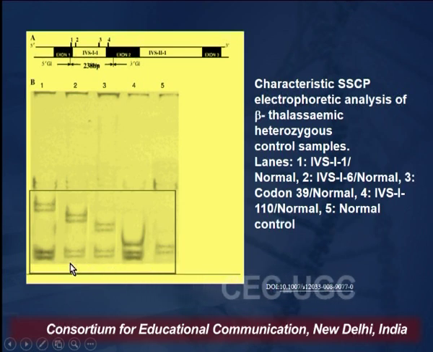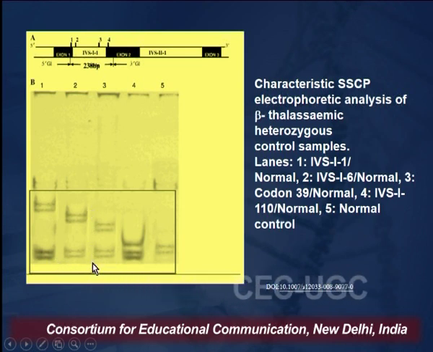So, all these are carriers, all these are heterozygous because they are having one normal allele as well. And in lanes 1, 2, 3 and 4, you can see that there are different kinds of mutations which are present here. For example, in lane 1, there is this IVSI-14 mutation which is present along with the normal.